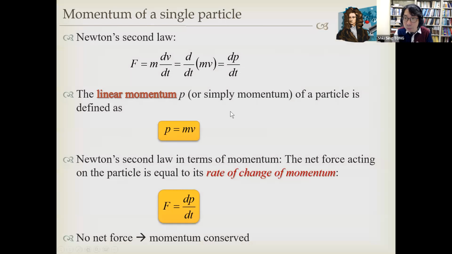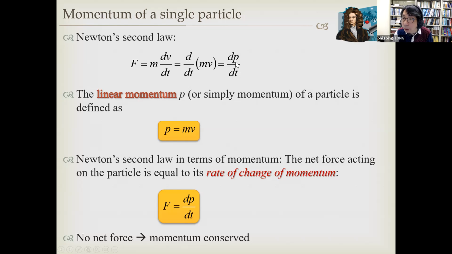Now let's see a single particle first. Newton's law says that F is equal to m dv/dt, but since m is a constant in Newtonian physics, we can always put the m inside the time derivative. It is not affected by the derivative.